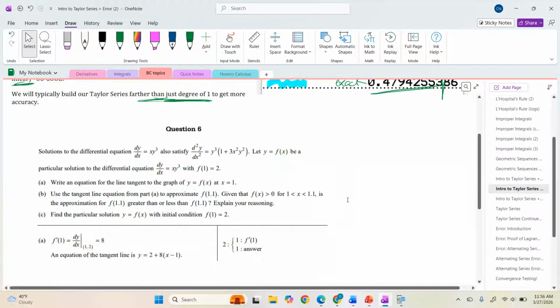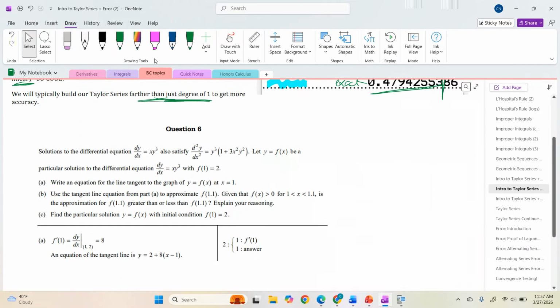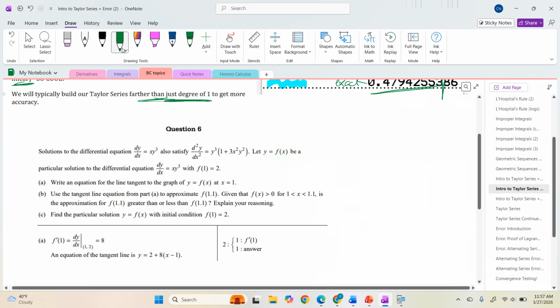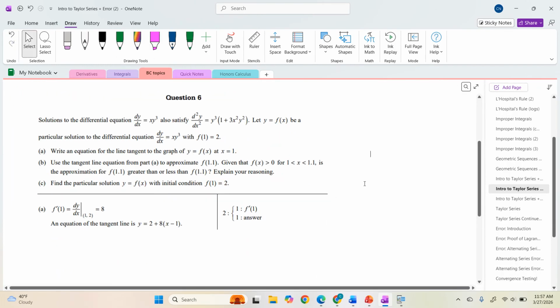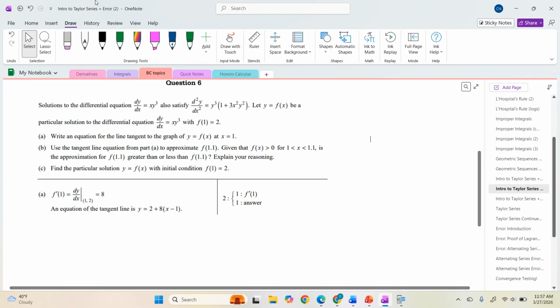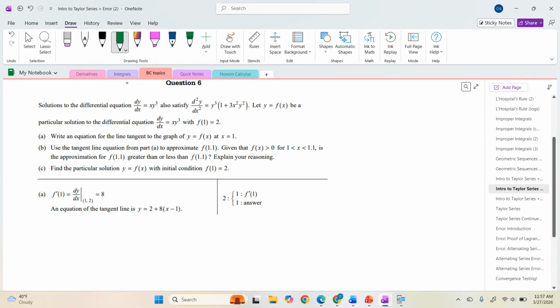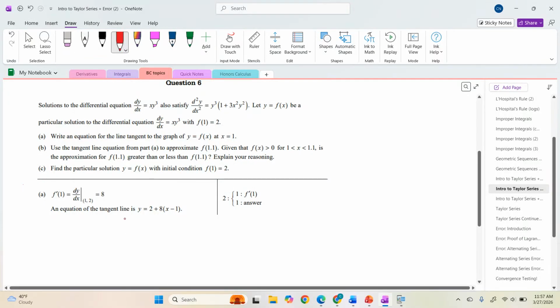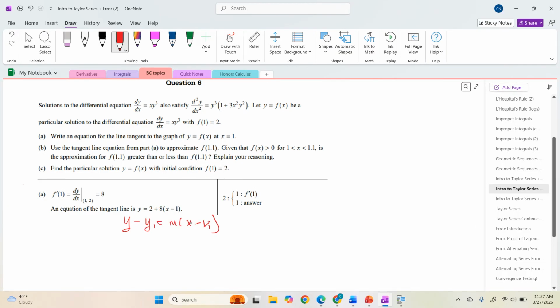Also, I want to point out something on the scoring guidelines. I'm sure you've noticed that whenever we write our tangent lines, I usually tell you you can leave it in this form, which is point slope. But if you look at almost every scoring guideline, they're always going to swing this constant over and write it as y equals something.